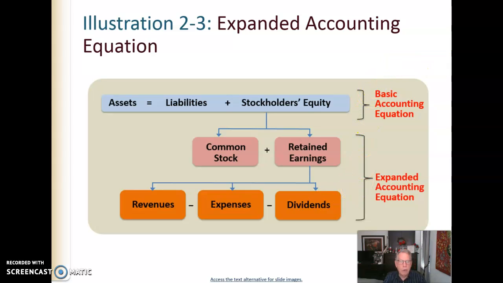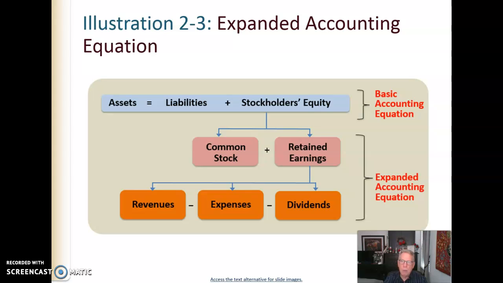And those are revenues, expenses, and dividends. We will find out later that revenues and expenses are on the income statement, and we subtract expenses from revenues to get to net income. But dividends is not on the income statement. It lives only on the retained earnings statement.